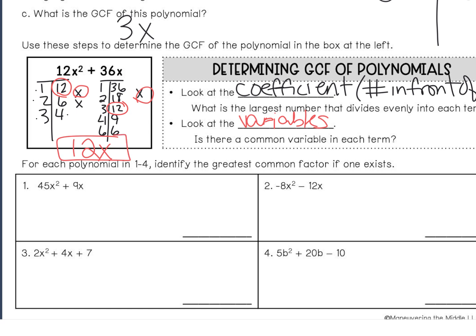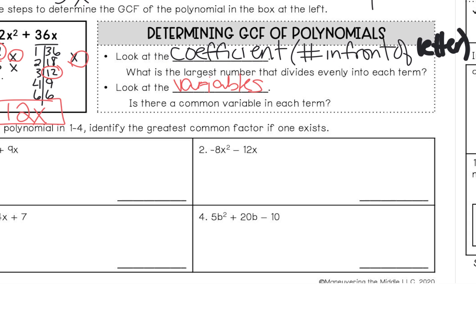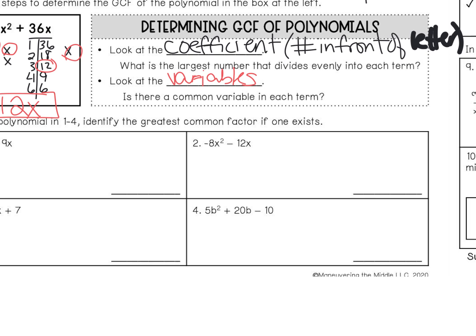I do want you to be aware that when we're looking at those variables, I'm going to put a little star here. If all of your terms have that same letter, it's always going to be our lowest exponent. Whatever the lowest exponent is, if they all have that same letter, that's going to be part of your GCF.